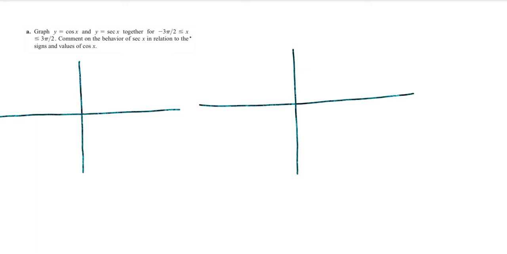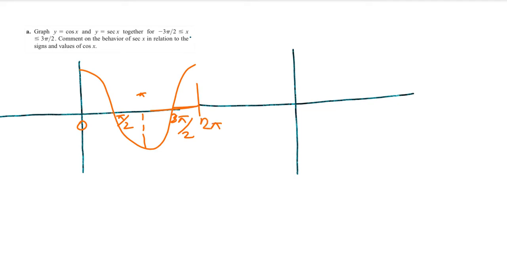Okay, so the graph of cos x is of this type. Three pi by 2. This midpoint will be pi, and over here is 2 pi.